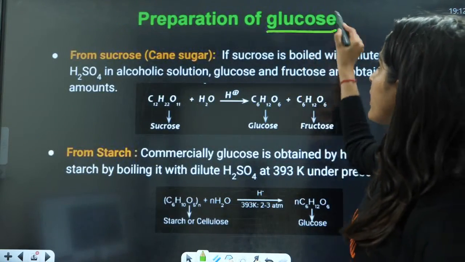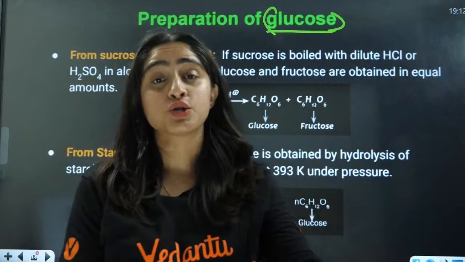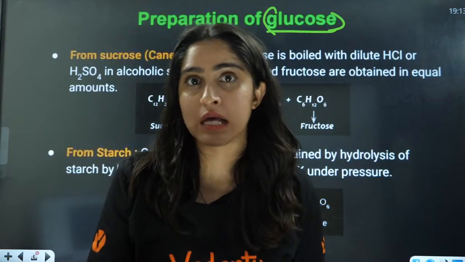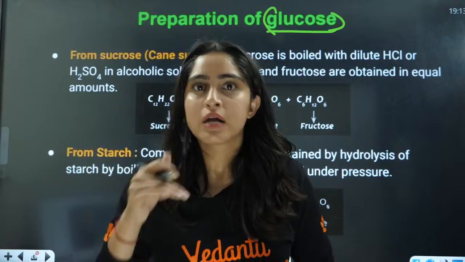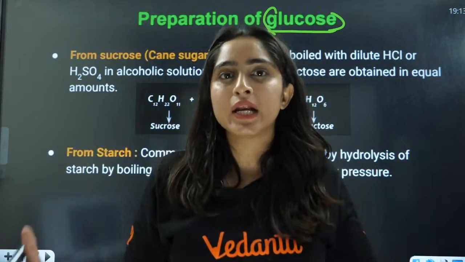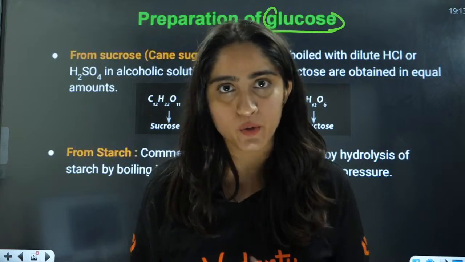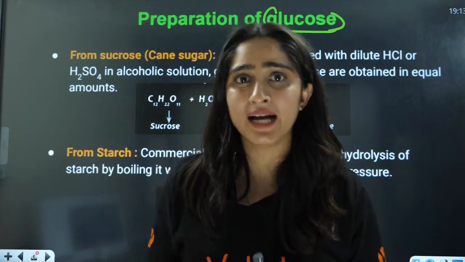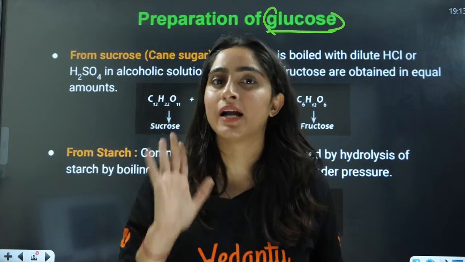Next we are going to talk about glucose in detail. There are many reactions of glucose. Now, you know this is the formula of glucose. We don't know how actually it is arranged, how many OH groups it has, how many aldehyde groups it has. Now we know that it has 5 OH groups and 1 aldehyde group.